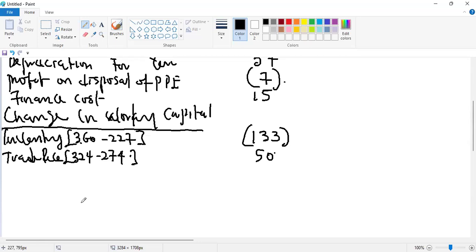We have trade payable. Trade payable at the beginning is 352.